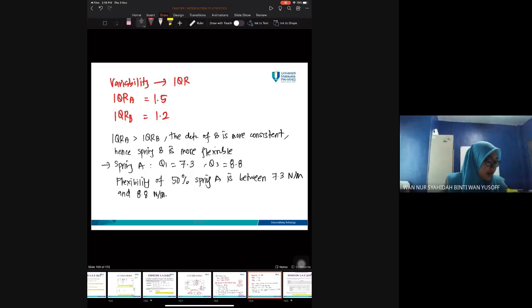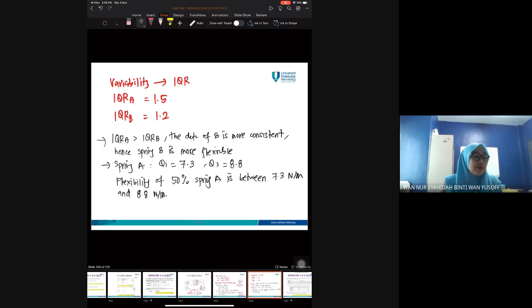Any question so far? Plotting is easy because I believe most of you already went through the box plot before you came to this course. But the interpretation is important.